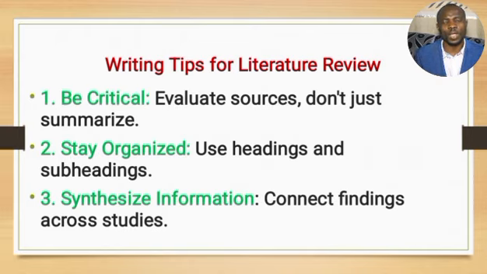You have to be organized also. As you write your literature review, you have to include headings and subheadings. You have to itemize. We know literature review is chapter 2. So your first section will be 2.1. Your second section will be 2.2.